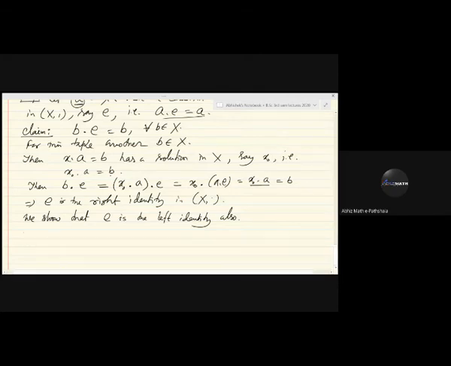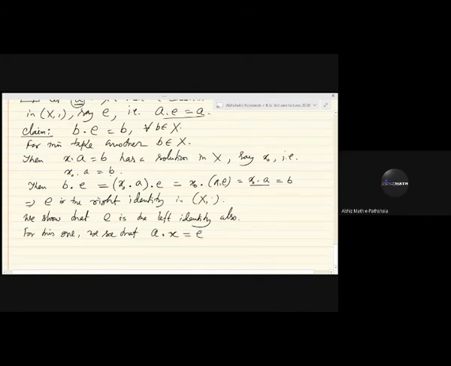So for this one, we see that now a dot x equal to e.